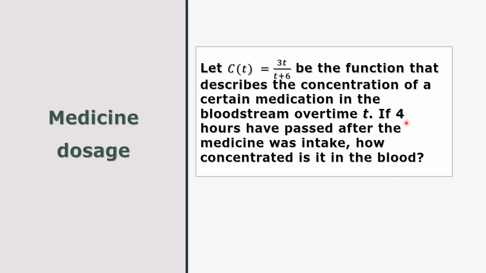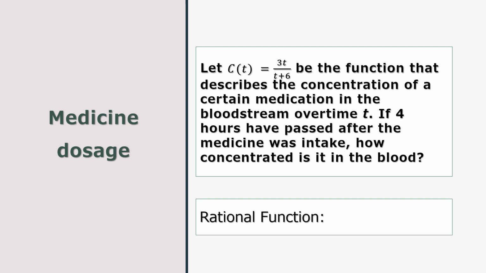Now we have here the value of t, which is 4. Therefore, substituting the value of 4 to the variable t, we have c of t is equal to 3 times 4, divided by 4 plus 6, is equal to 12 divided by 10, or simplified, we have 1.2.